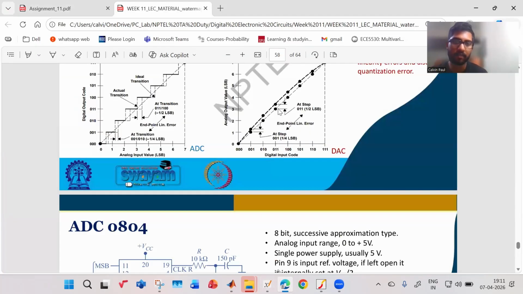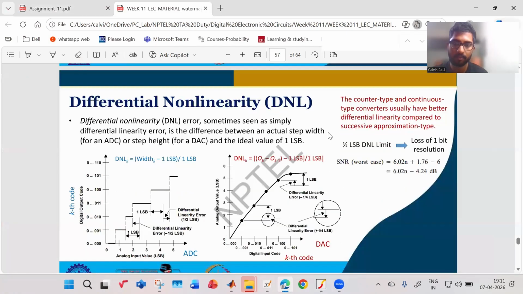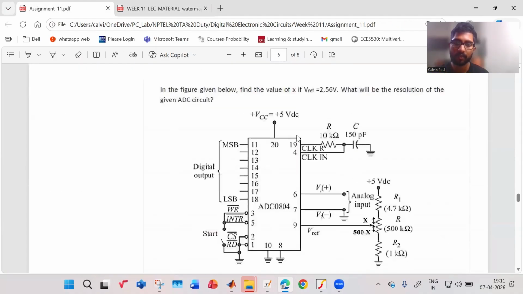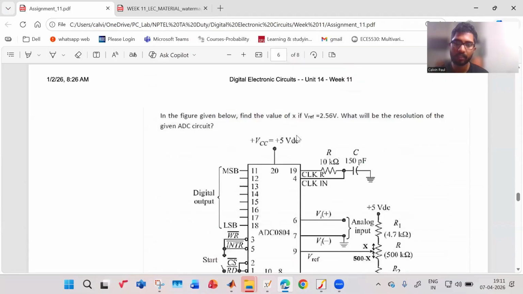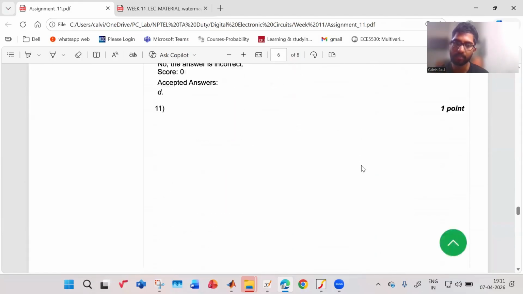Just search, you can find SNR. Yeah, 6.02 n plus 1.76. Okay, so this question, there is some error in the answer, but it's a good question.